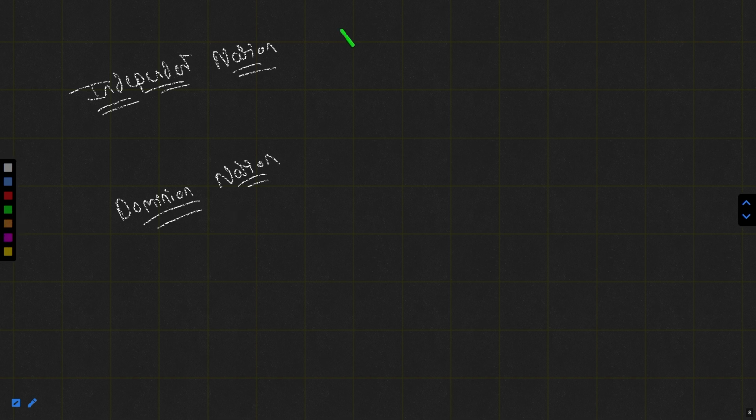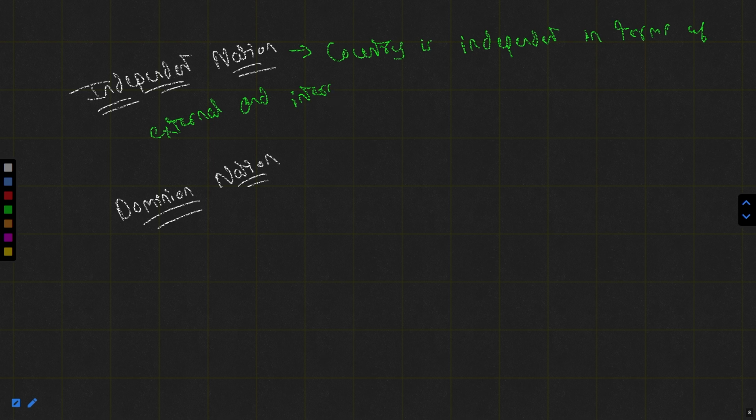An independent nation is basically a country that is independent in terms of external and internal political terms. The country is independent in terms of external and internal political terms. This is called the independent nation.